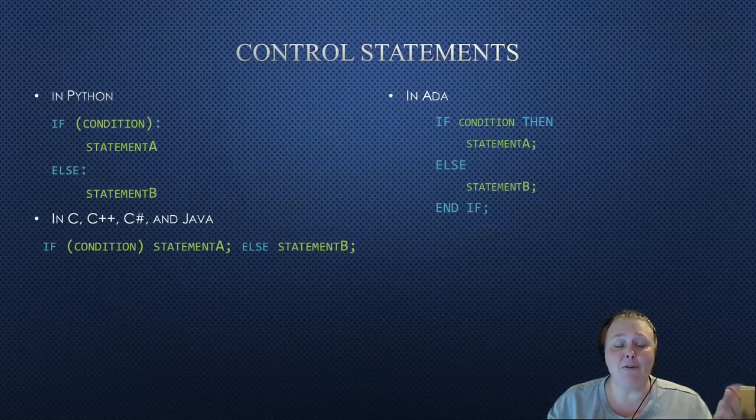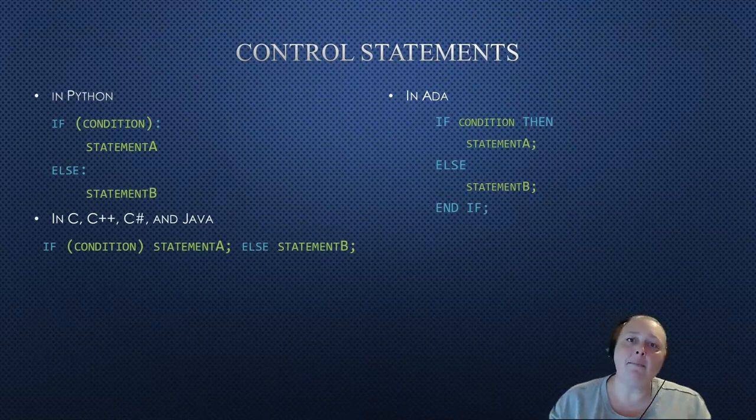You've got your if, your colon, your else, your colon, and your statements and your conditions in green. Now, if I were to do an if else statement in C, C++, or Java, it might look something like what is on the bottom left. If condition statement A, semicolon, else statement B. A little bit different. You can see the differences in it, but it's still doing the same thing.